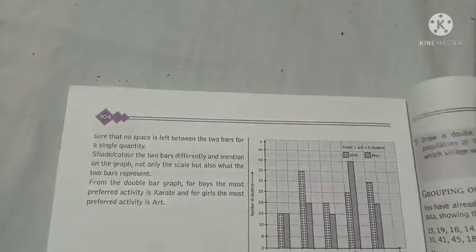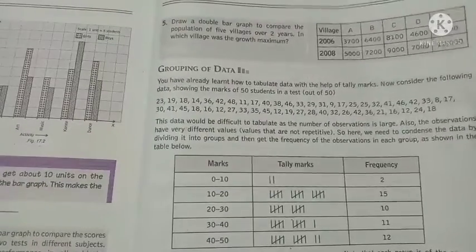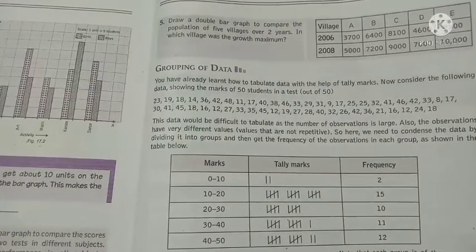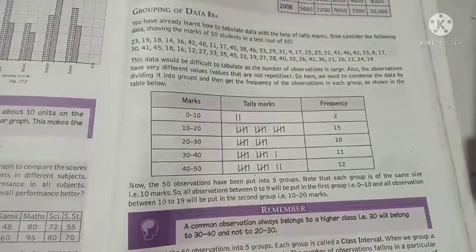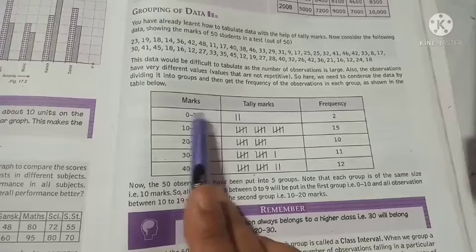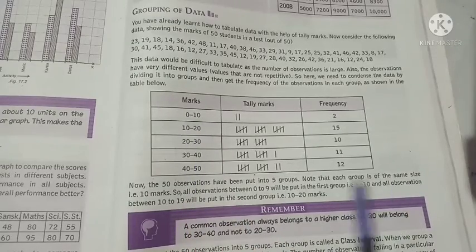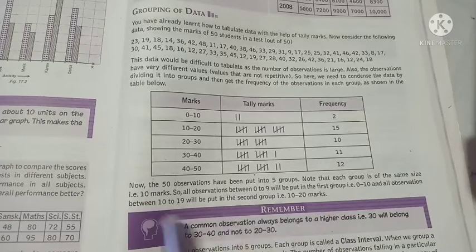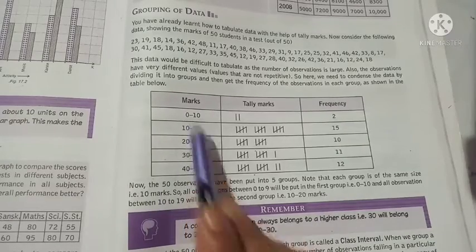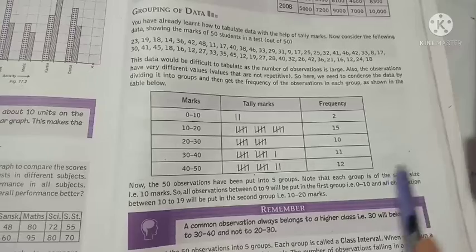Again, we'll revise this one. What is grouping of data? Grouping of data, this one is class interval, and the size of each group should be the same. How will you make it the same size?